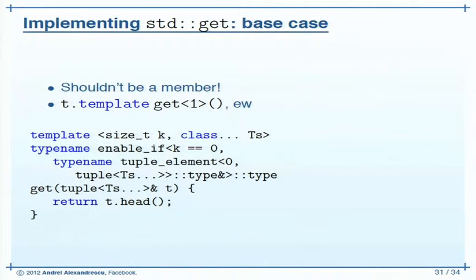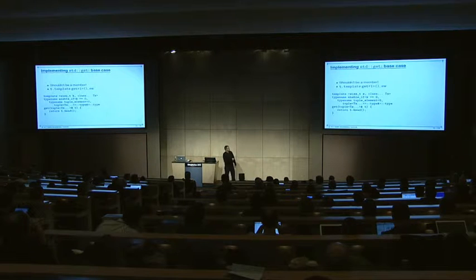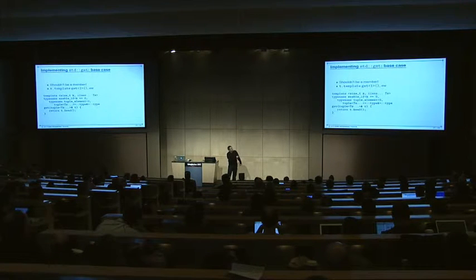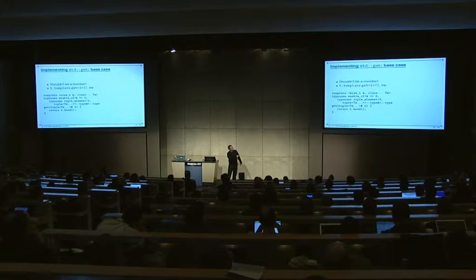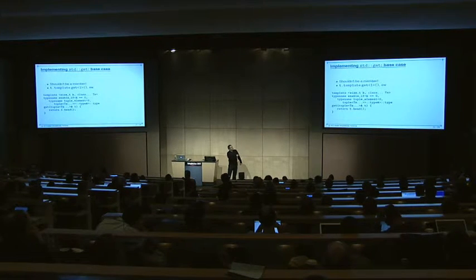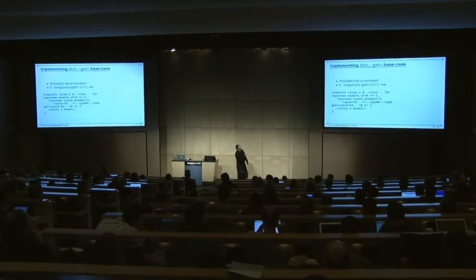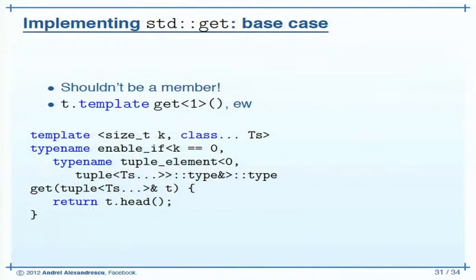By the way, the reason this .template came about is because of a very old issue with C++, this less-than sign here. You see the laser? Is the laser visible? So, get less than 1 here. And if it weren't for template, there would be t.get<1>() with open paren, close paren, which is sort of a bizarre construct.